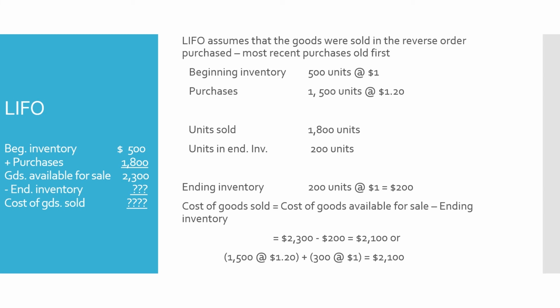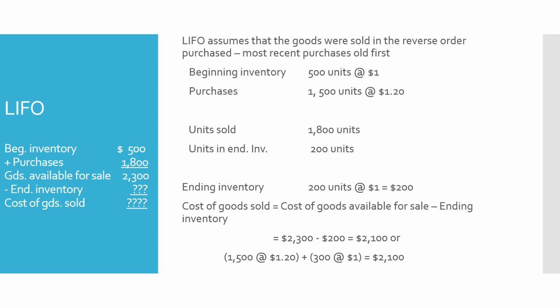LIFO assumes that the goods were sold in the reverse order in which they were purchased. So under LIFO, where we sold 1,800 units, we're going to assume that we sold all of the 1,500 units that were in the purchase and then 300 of the units from beginning inventory.